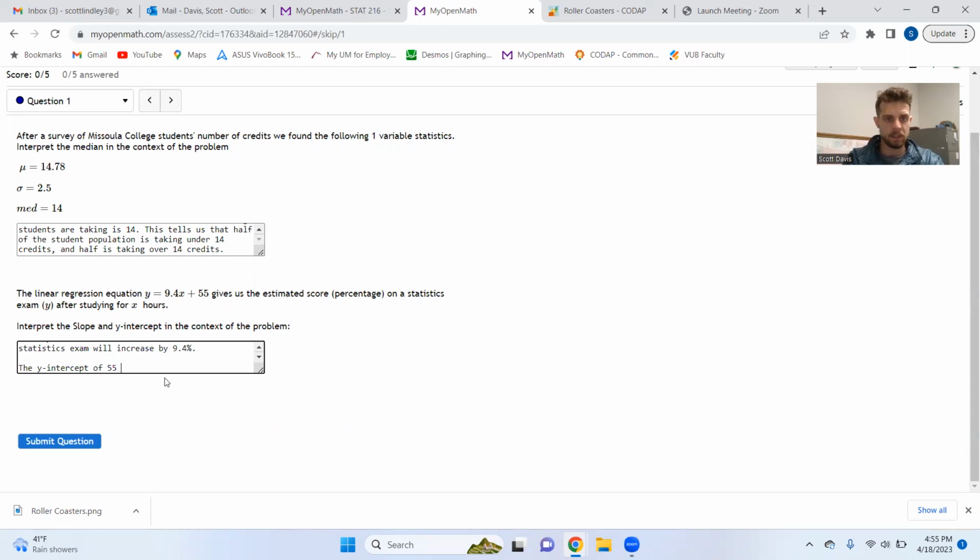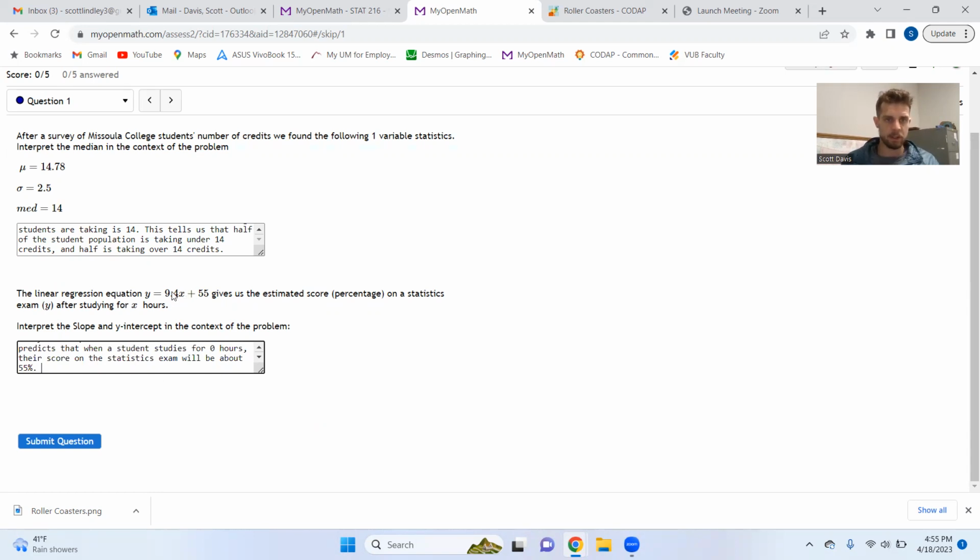The y-intercept of 55 tells us that the model predicts that when a student studies for 0 hours, their score on the statistics exam will be about 55%.